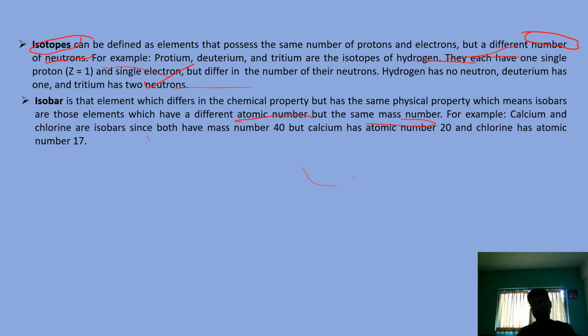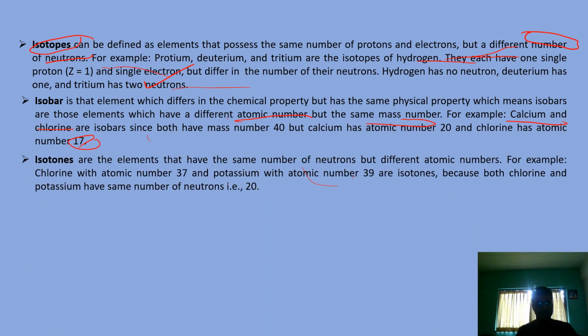For example, calcium and argon are isobars because both have the mass number 40, but calcium has atomic number 20 and the other has atomic number 18. So that's the reason those two elements are known as isobars.